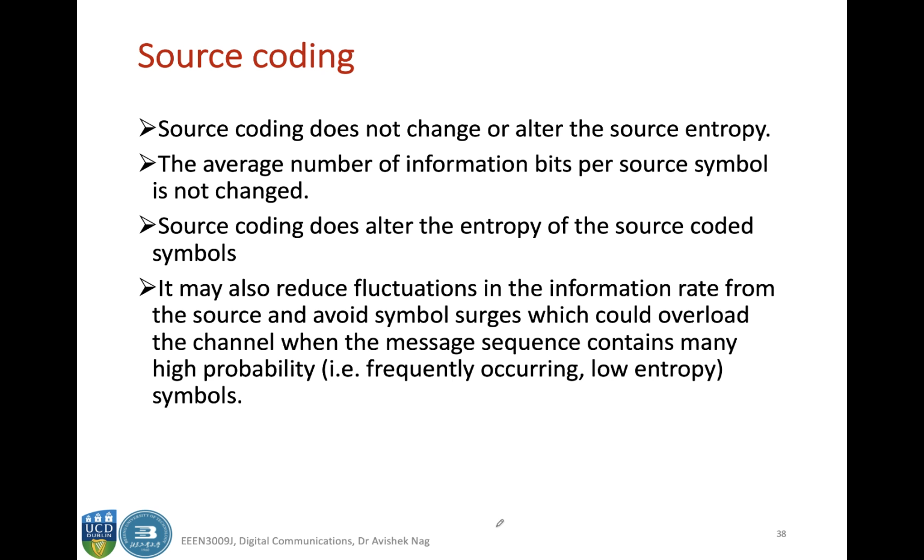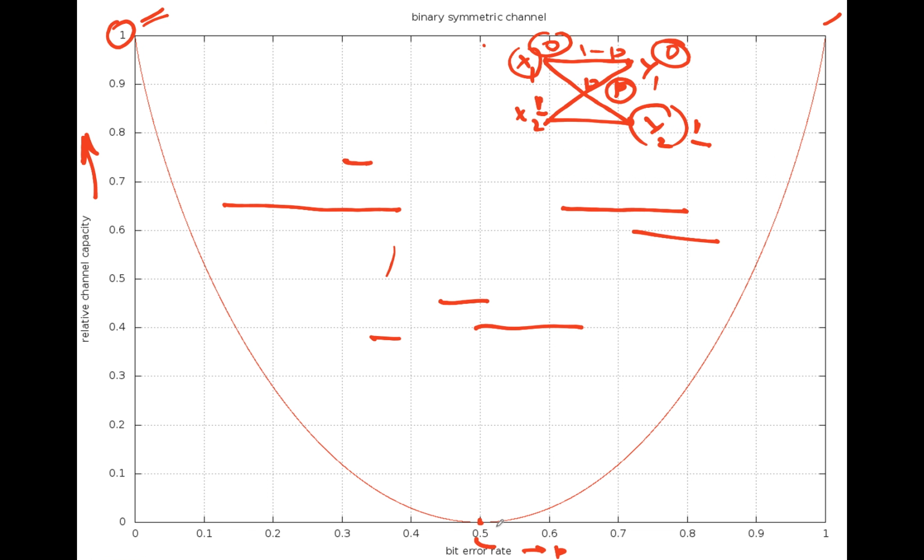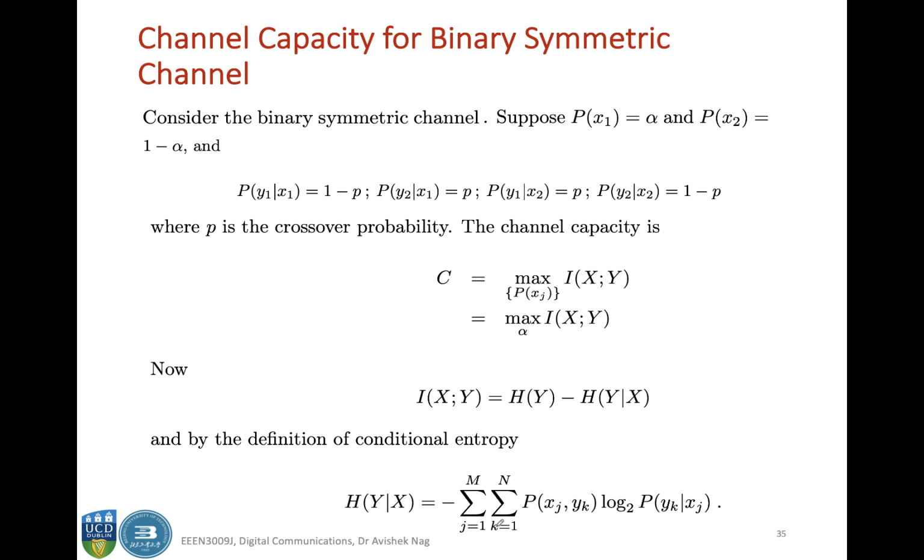Right now, just stick to the mathematical definition that we discussed so far, which is capacity is equal to the maximum of the mutual information maximized over all the input probabilities, subject to the constraint that the sum of all the input probabilities will be equal to 1, and each individual probability will be greater than or equal to 0. Okay, so this is the definition of the capacity.